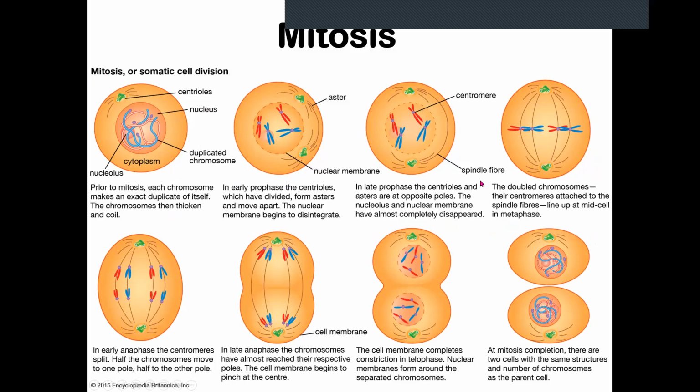I won't bother you about the names of them. And the same thing happens, they line up along the middle, it's called the equator, and then they get pulled to each end, one of each, like that. And you end up with 2 brand new cells. That's called mitosis.